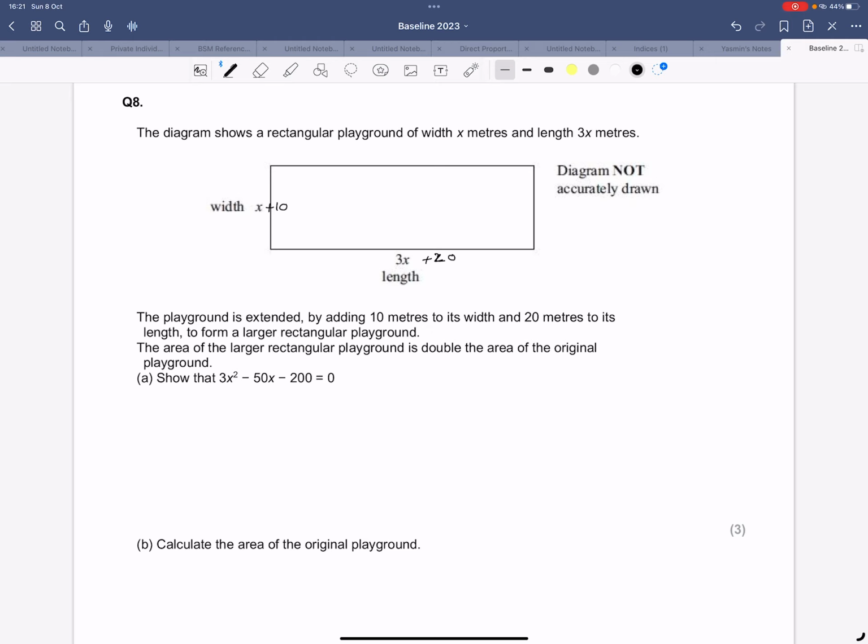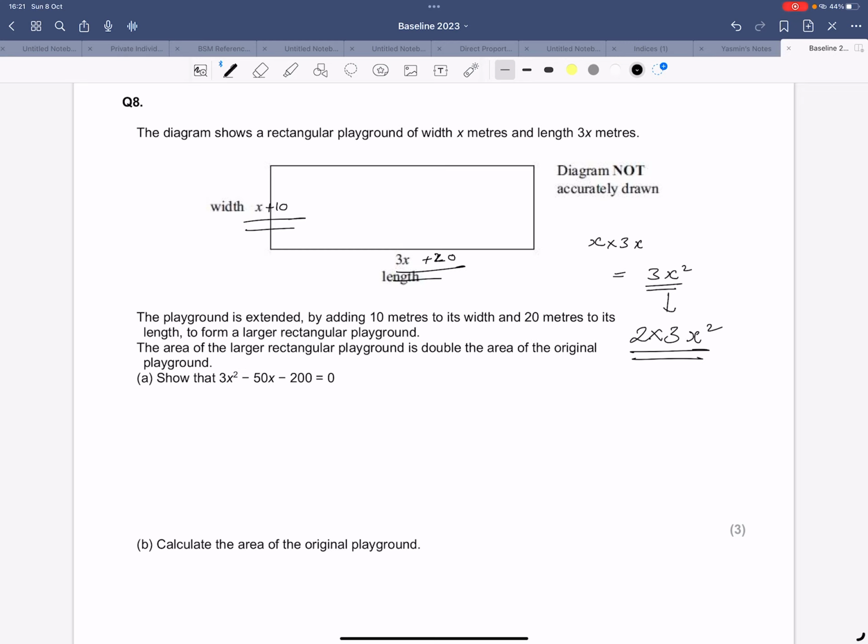Fantastic. So this means initially, before the extension, the area of the playground is x times 3x. So the area was 3x squared initially, but now it's extended. It says the area of the larger rectangle is double the area of the original, so 2 times 3x squared is equal to the new area.